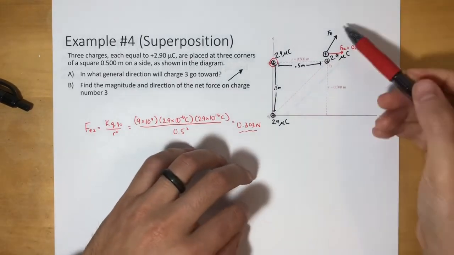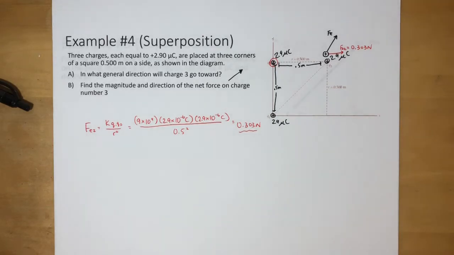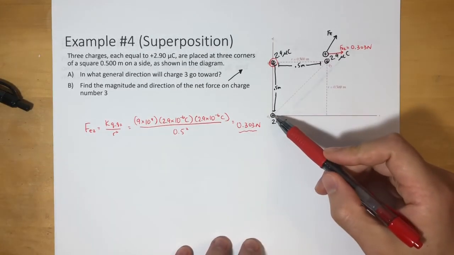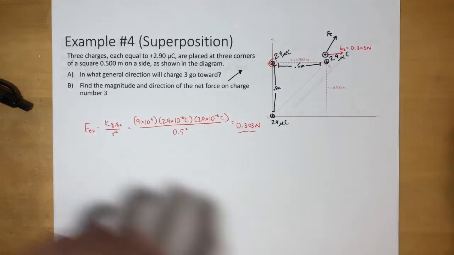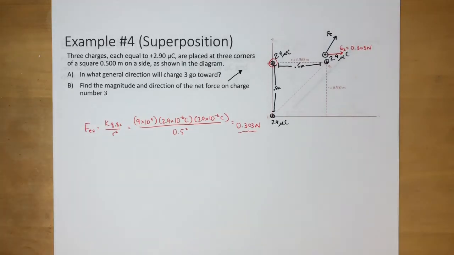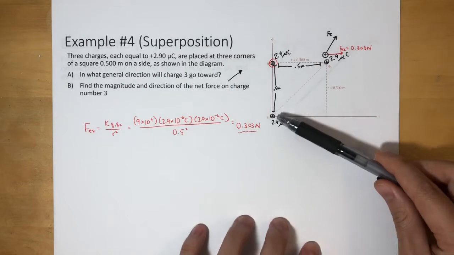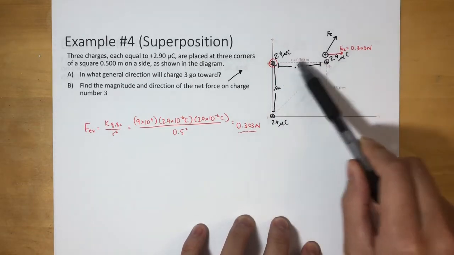And now what we want to do is find the force of electricity of this one. And you might think when you're looking for that one, oh, isn't that just the same as the other one? It's the same exact charge, and this is a square, so shouldn't this be exactly the same? However, hopefully you're realizing that it won't be exactly the same. The reason why it's not exactly the same is this distance is different than this distance.